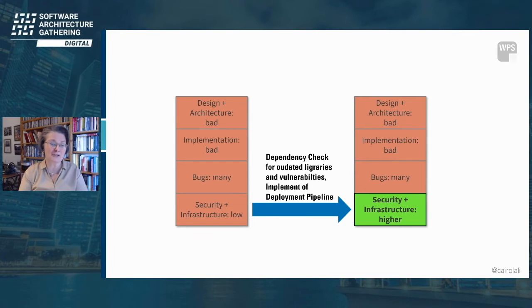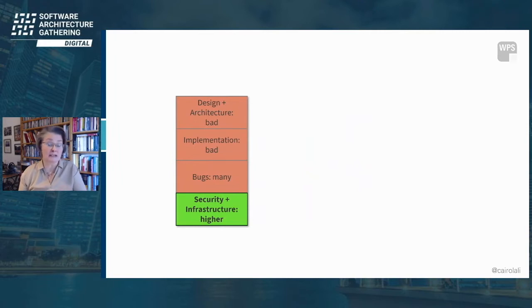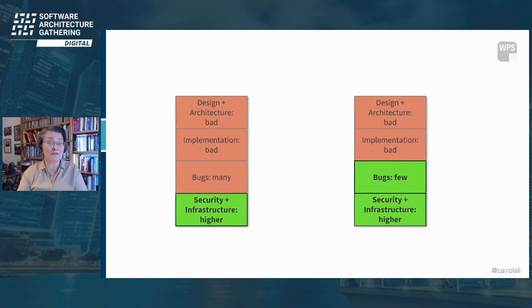We want to change quickly and deploy quickly, so we need a good deployment pipeline. And now our system still has many bugs: a poor implementation, bad design with dubious architecture. And then we take the next step of improvement.